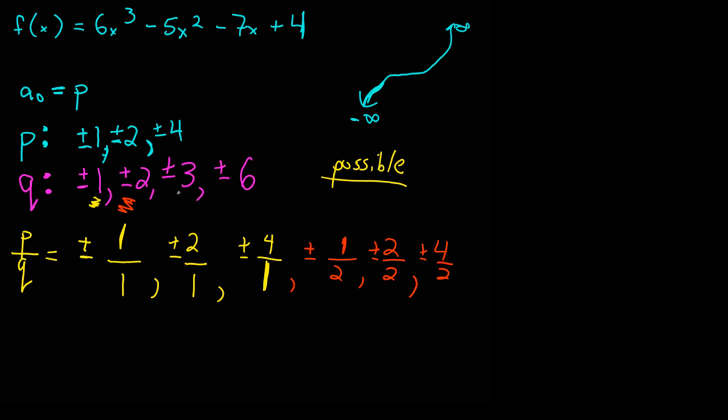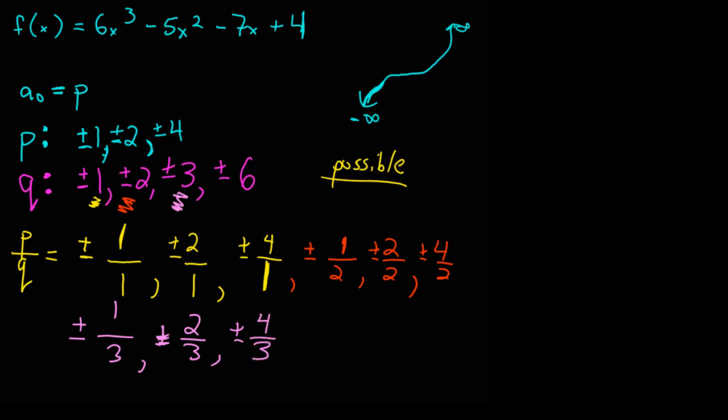All right, let's look at 3 as a denominator. So I can have 1 over 3. I can have 2 over 3. And I can have 4 over 3.